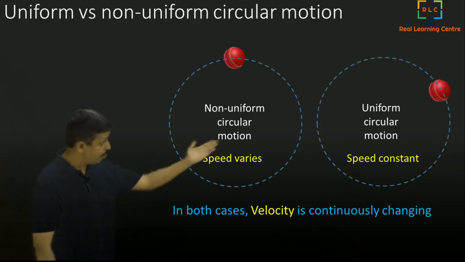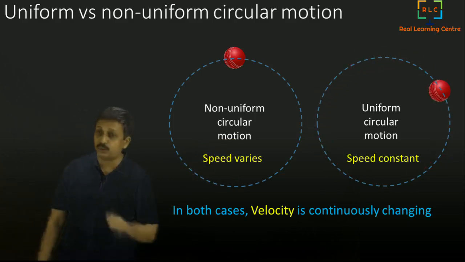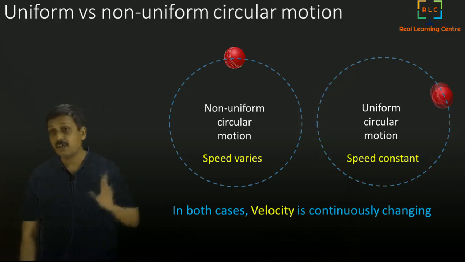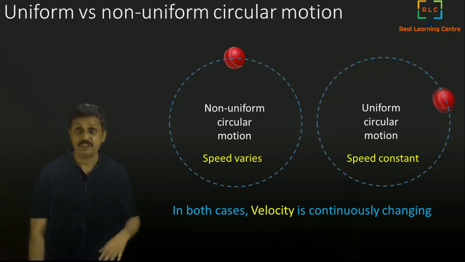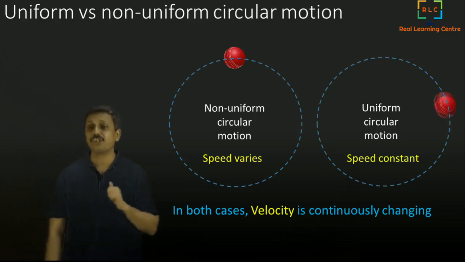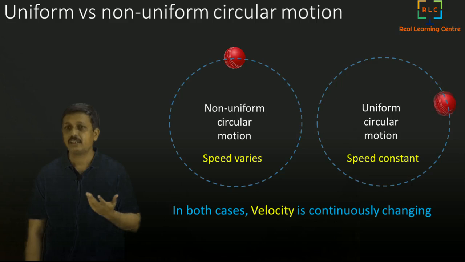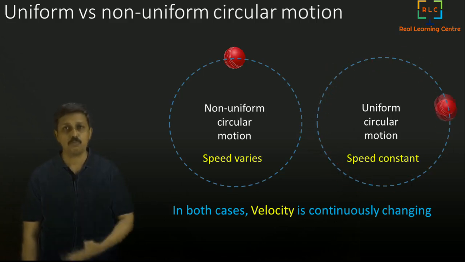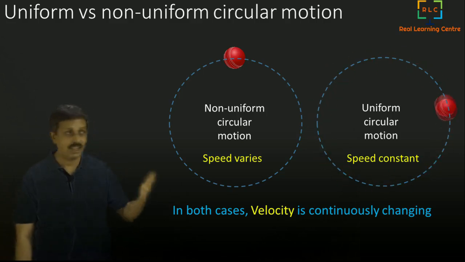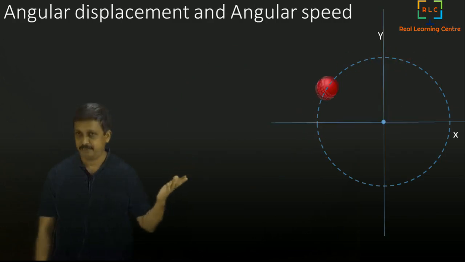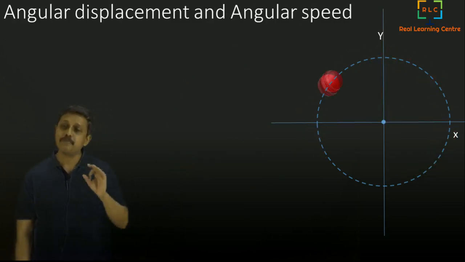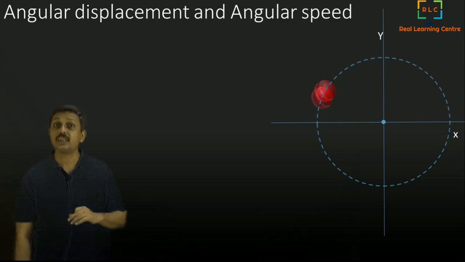Even in a uniform circular motion, velocity is changing, not because its speed is changing, but because its direction is changing. So please keep in mind that in a uniform circular motion, speed is constant, but velocity is continuously varying. Let's go a little deeper into circular motion.